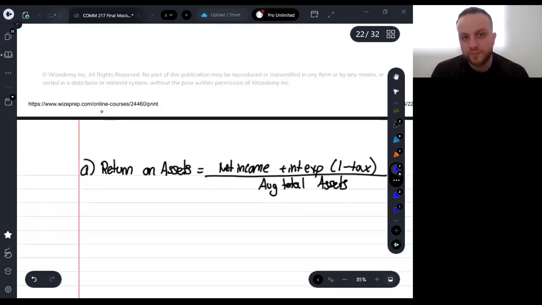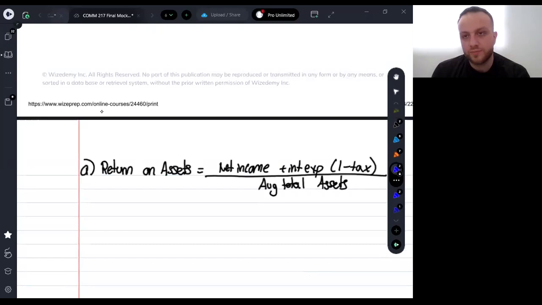Question. Apparently, I watched the first mock earlier today, and a student said that one of the teachers said that for return on assets, you're able to just do net profit over average total assets. Yeah, that's what they said this year. I mean, look, the real formula is like this. I think it was Brad who said it. Yeah, I said it, and basically my teacher said they accept both, but it's just easier to use profit in the numerator.